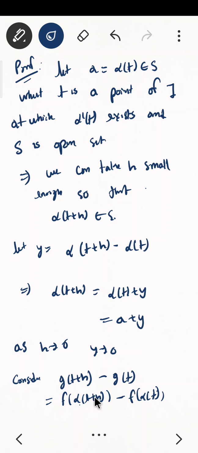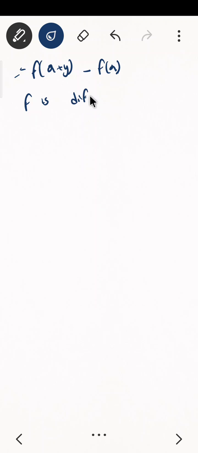So let us see in the next. This will be f of e plus y minus f of e, correct, because e is alpha t. Now f is differentiable. Let us use f is differentiable at e implies what?